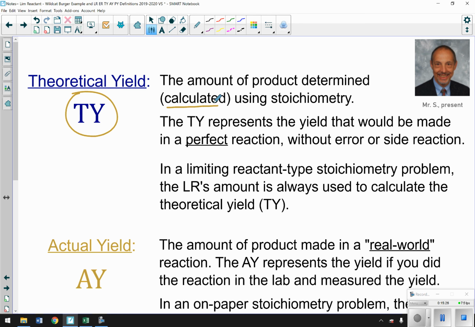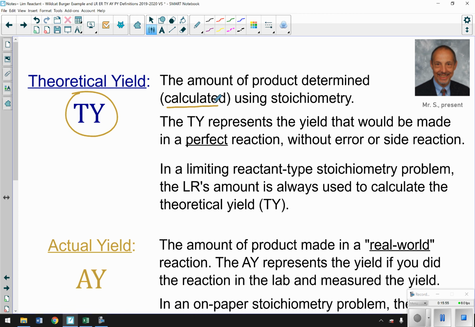The theoretical yield represents how much you would be able to make if the reaction ran perfectly, with no error, with no other reaction happening, with nothing interfering. So when you calculate the yield of a product using stoichiometry, you're assuming that there's no error or side reaction. And so that's why we say that that is the theoretical yield. It's a perfect reaction on paper.